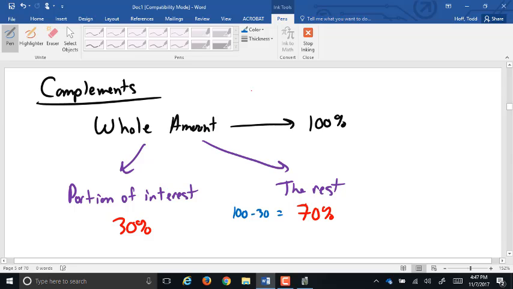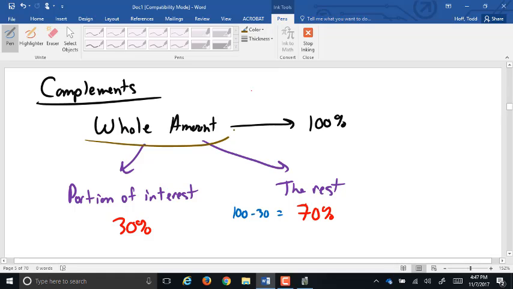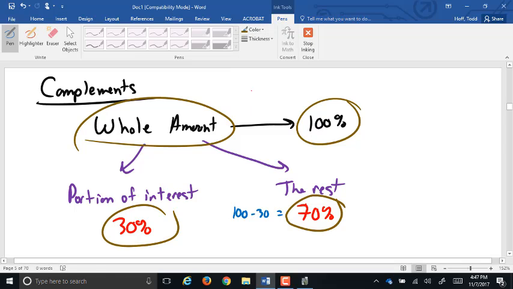Those two percents have to add up. Since they combine to make the whole thing, they have to add up to 100%. And this happens a lot when we're dealing with percents. We don't want the number that is represented by the percent. We want the number that's the rest of it. It's the complement of the percent.